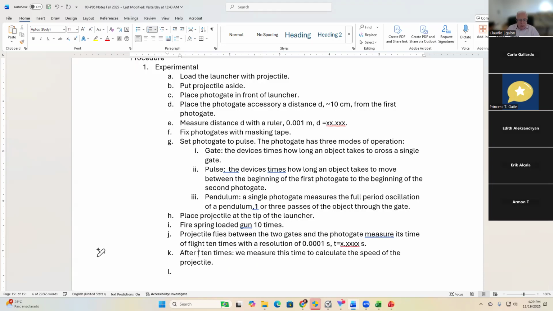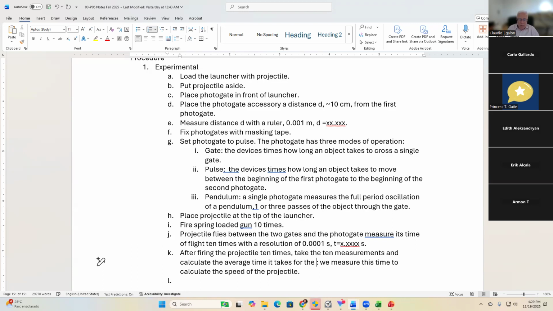After firing the projectile 10 times, take the 10 measurements and calculate the average time it takes for the projectile to fly between the two photogates. That's what we do.